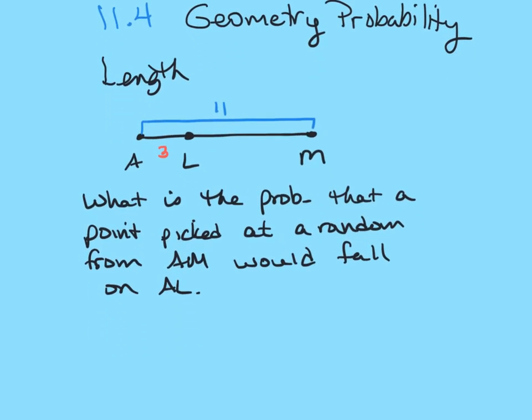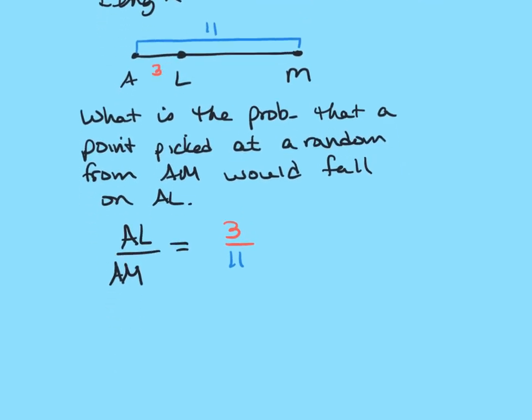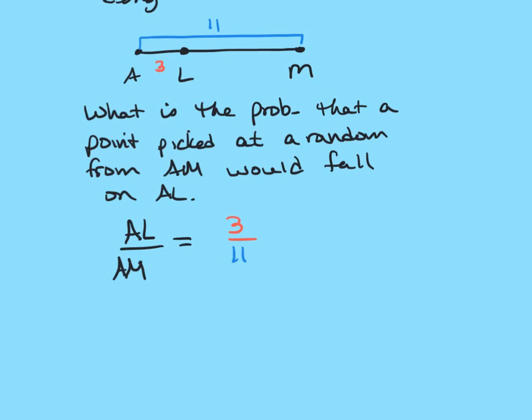So again, to calculate that, you would find the length of AL over the total length of AM. AL was 3, AM was 11, and if it asked you to leave it as a simplified fraction, we would stop. They could also ask you to convert it to a decimal or a percent. So 3 ways to write probability is either a fraction, decimal, or percent.